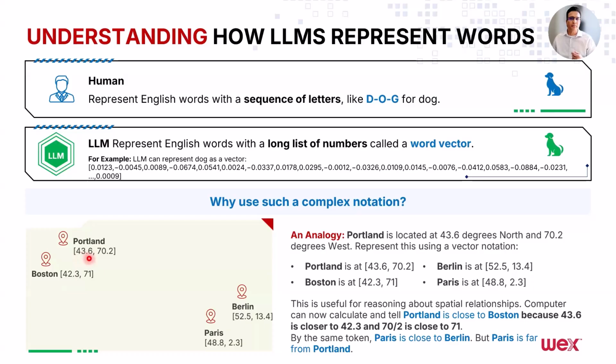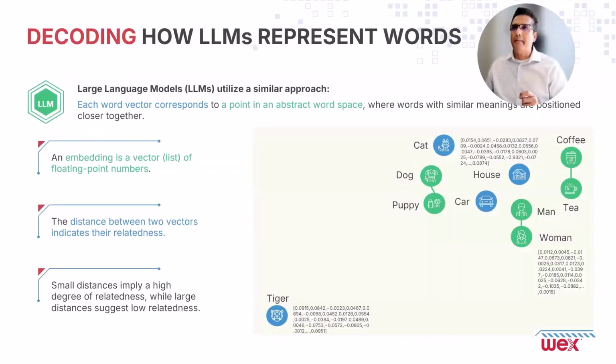Same with 71 and 70.2. So the computer can now determine that Portland and Boston must be closer to each other. But when it looks at the coordinates of Berlin and Paris, 52.5 is far away from 43.6 and 42.3. So the computer can also tell that Berlin is far away from these two places. So that's the concept. That's why computers need numbers. Exactly the same concept is used in large language models to represent words.